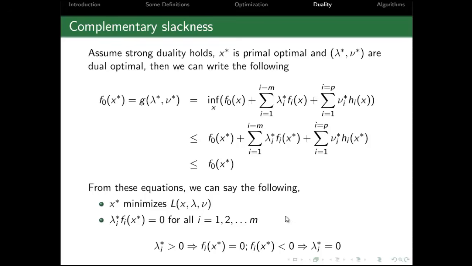We know that f i of x star is less than or equal to 0 because x star is a feasible value. So whenever f i of x star is not equal to 0, lambda i should be equal to 0. This is known as complementary slackness: either lambda i star should be equal to 0 or f i x star should be equal to 0, when strong duality holds.